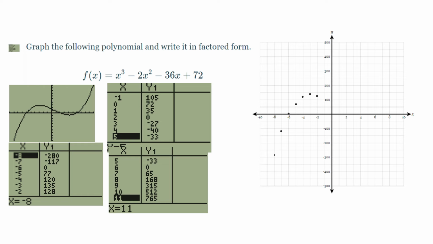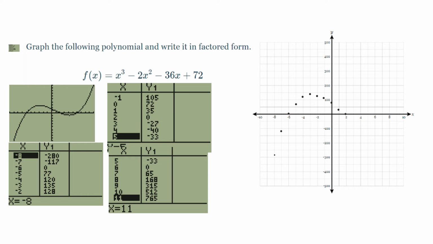So there we go. -1 is 105. That's basically on the 100 mark. But here's the part where you're going to mess it up. If you put it below the 100 mark, you've missed it. 0 is 72, that's our y-intercept, right? 1 is 35, that is below the 50 mark, so make sure you have that right.